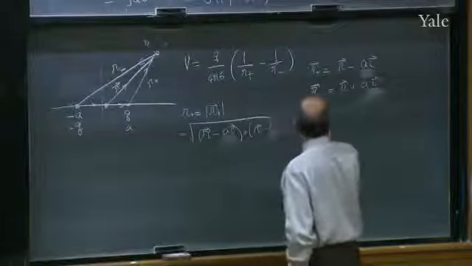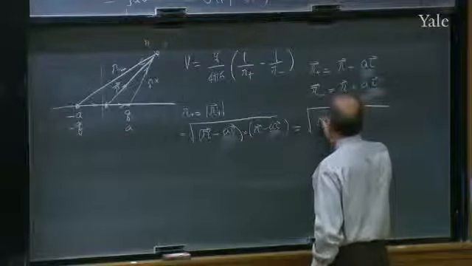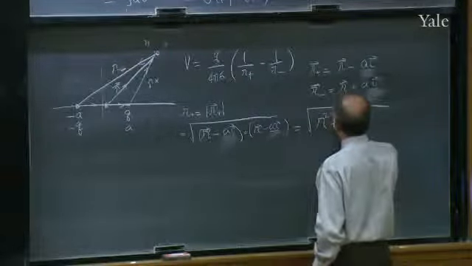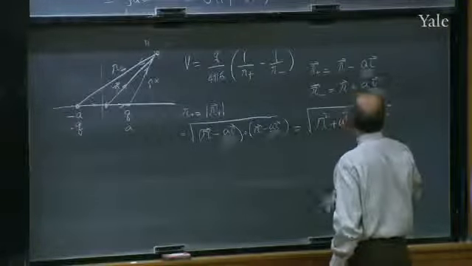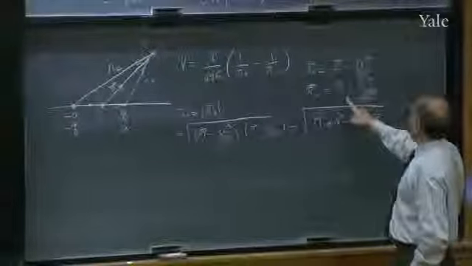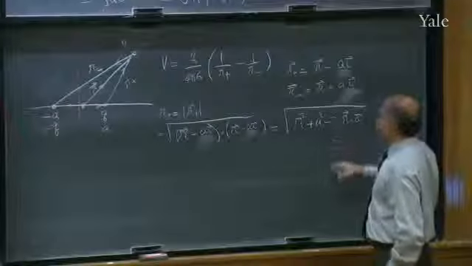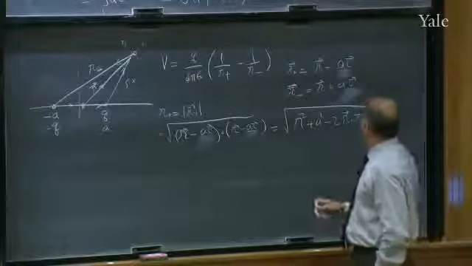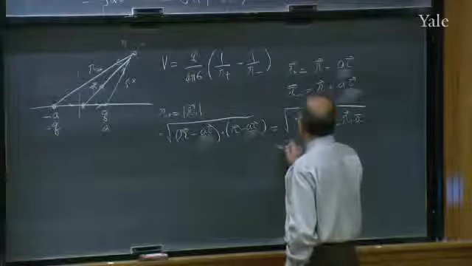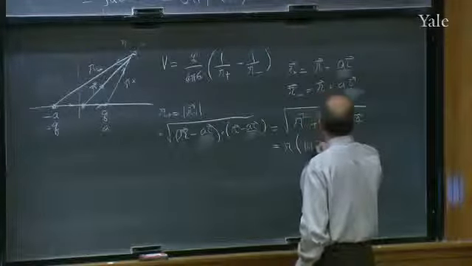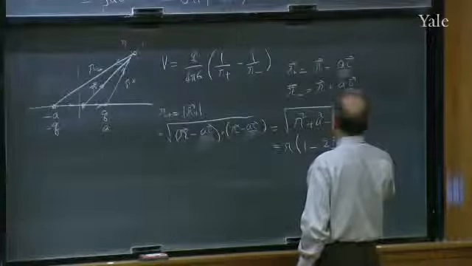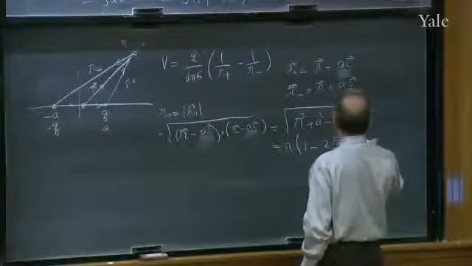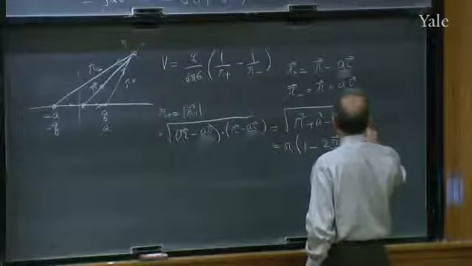So now you take the length squared, it is equal to R squared plus A squared minus twice R dot A. The other one would be R squared plus A squared plus twice R dot A. And that we can approximate as R times (1 minus twice R dot A divided by R squared) to the 1/2.